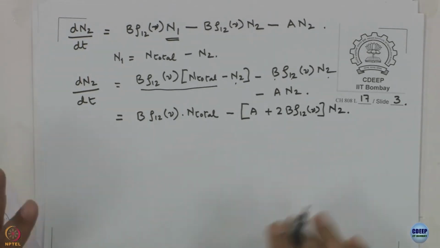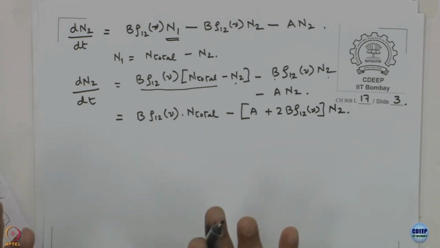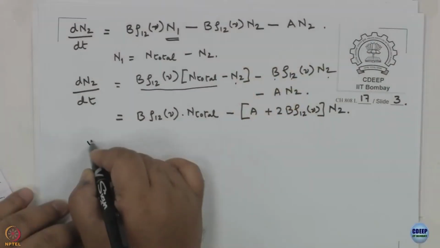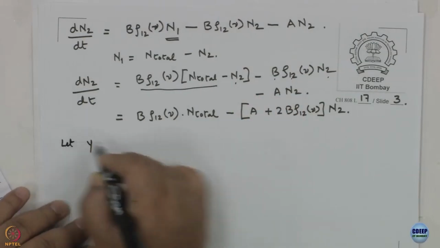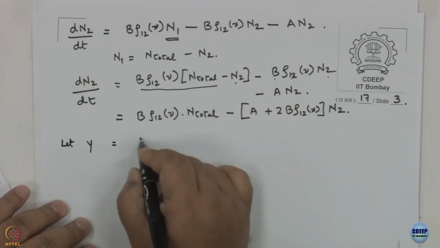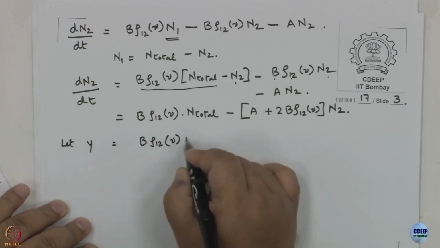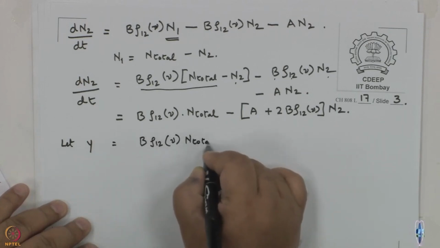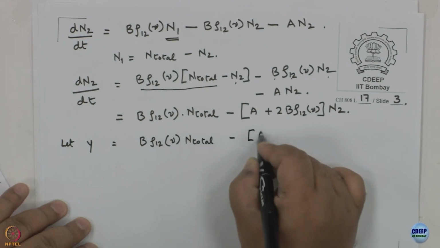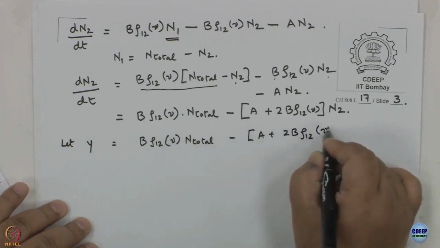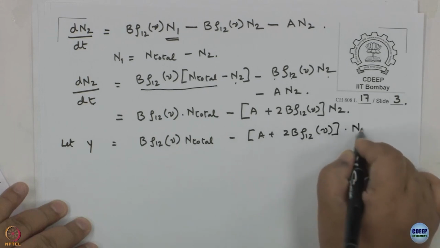If you are good in calculus, you can actually write the solution right away. But since I am not good anymore, I will do it step by step. Let me say y equal to the right hand side, b rho 1 2 of nu in total minus a plus 2b rho 1 2 of nu into N2.